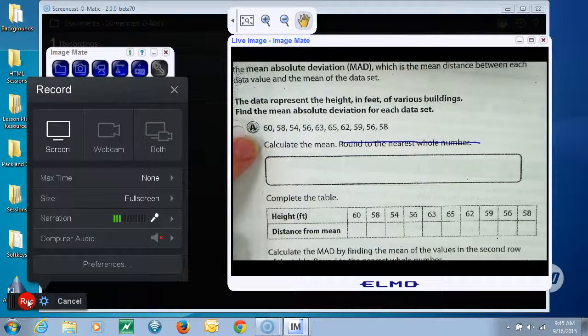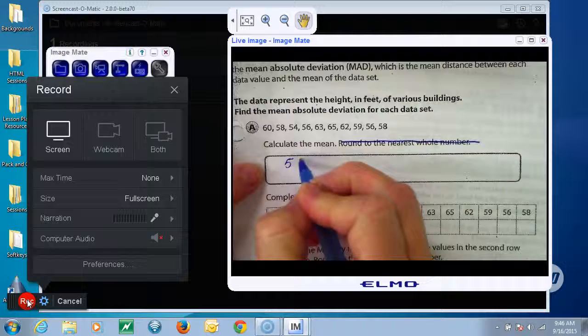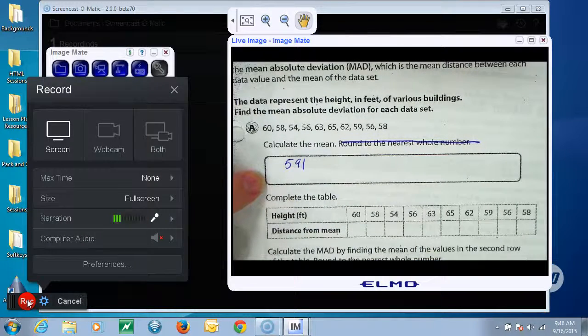Calculate. Calculator. Everybody add till you get 591.